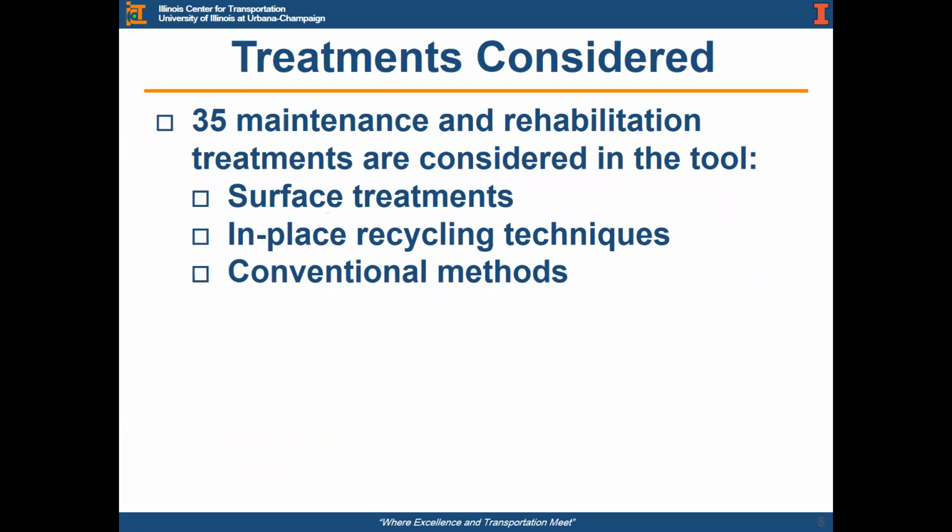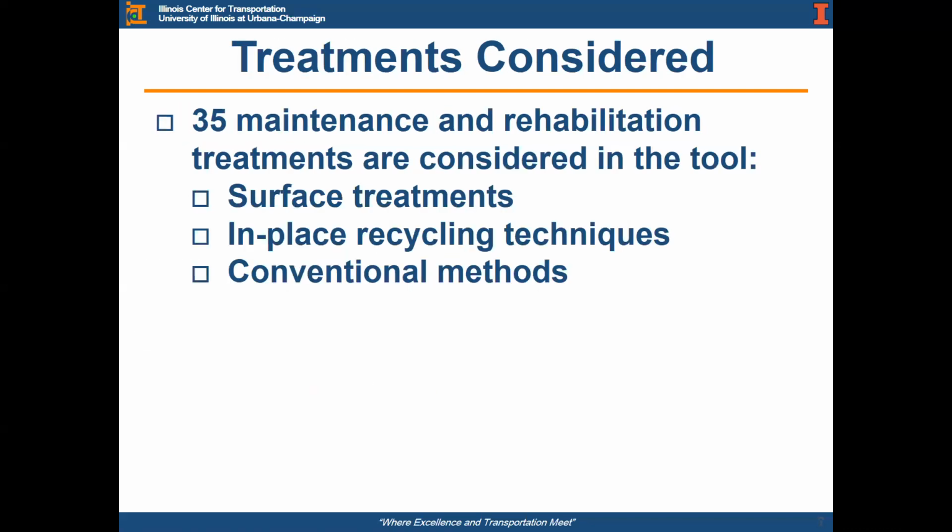So when I say in-place recycling techniques, for example, it's not only cold in-place recycling applied by itself, but also other combinations of in-place recycling with surface treatments like cape seal or chip seal, and also with asphalt overlay and with different types of thicknesses. The same applies to conventional methods.